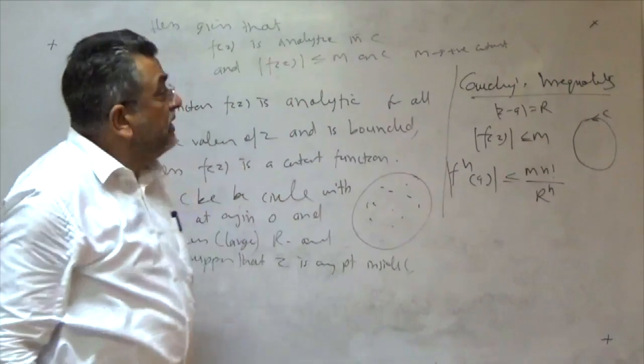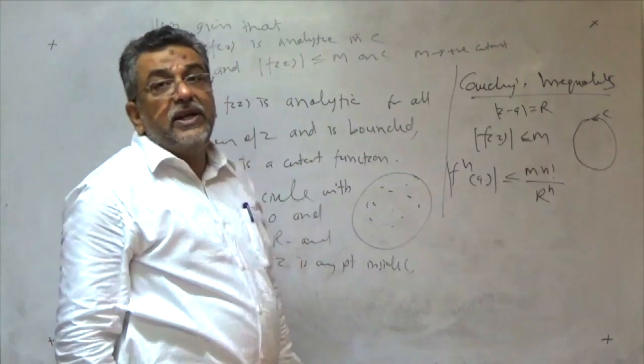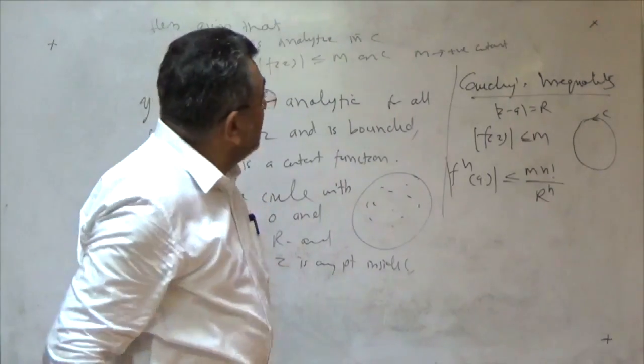Two things are given, and now you have to prove that f(z) is a constant function.